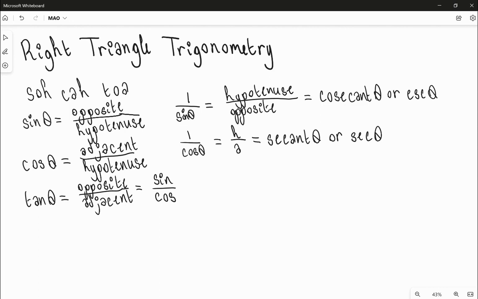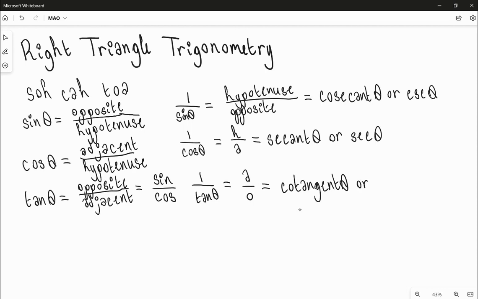Again, that's inverse. Our tangent, 1 over tangent theta, is equal to adjacent over opposite. The formal name for that is cotangent. You don't really need any special tricks to remember this because it's in the name.